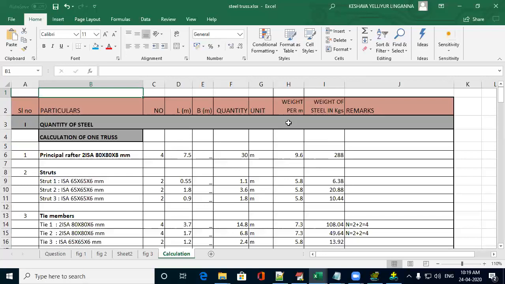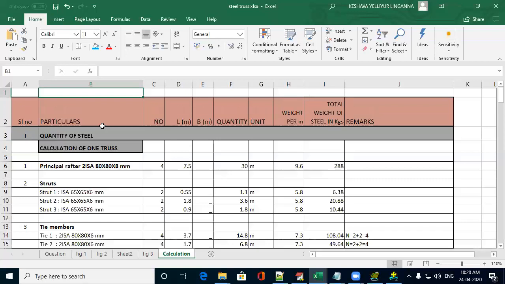All these values will be in kg per meter. For the total weight of steel in kgs, you multiply this quantity with the weight per meter, and you will get this column.